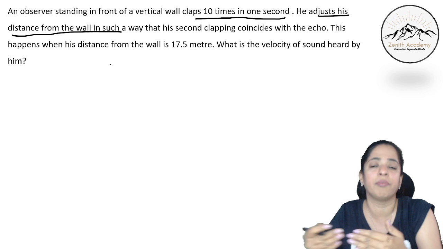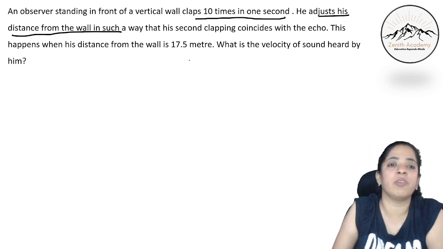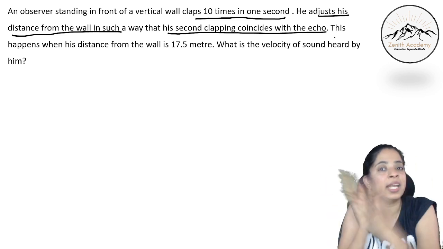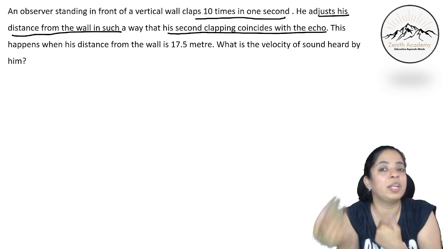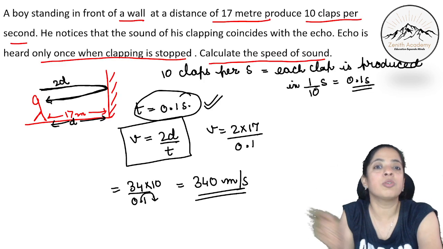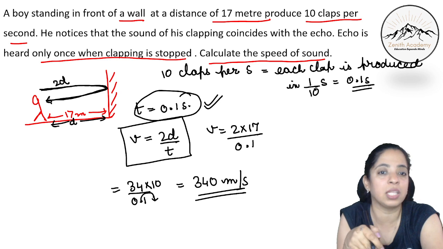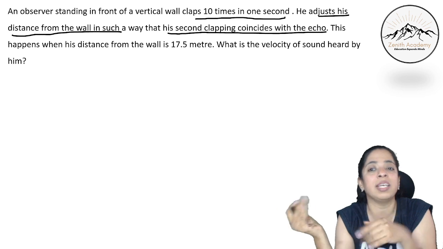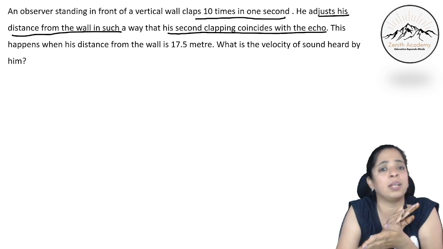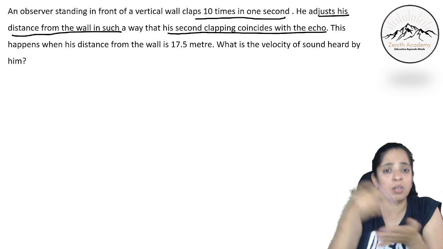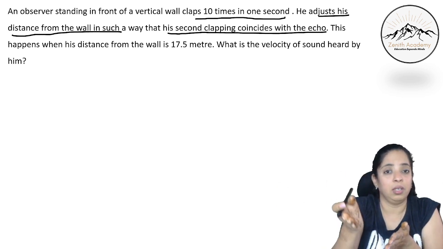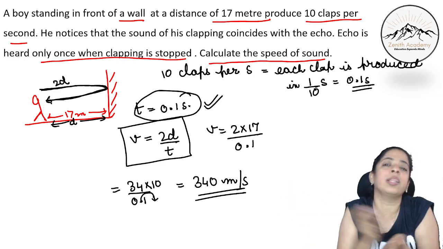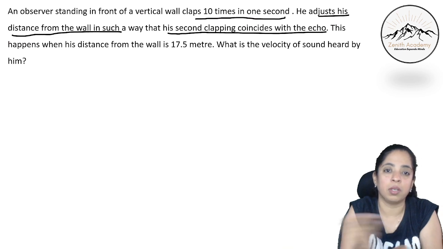Now he keeps on moving front and back and adjusts in such a way that the second clapping coincides with the echo. है ना, जब वो सेकंड क्लैप कर रहा है तब उसको एको सुनाई दे रहा है. तो it means again the same as before. पहले उसको 10th वाली क्लैपिंग में, लास्ट क्लैपिंग में सुनाई दिया था. अभी उसको सेकंड क्लैपिंग में सुनाई दे या सेकंड में कोइंसाइड हुआ ऐसे बोल रहा है. और यहाँ पे क्या बोल रहा था कि sound of his clapping coincides with the echo. So all the claps coincide. So here also it's the same.